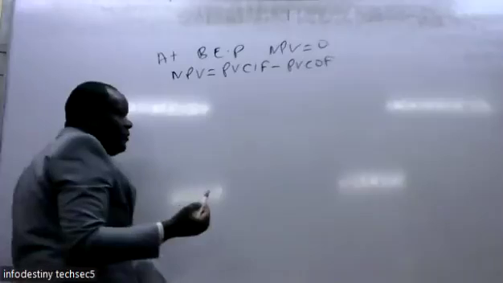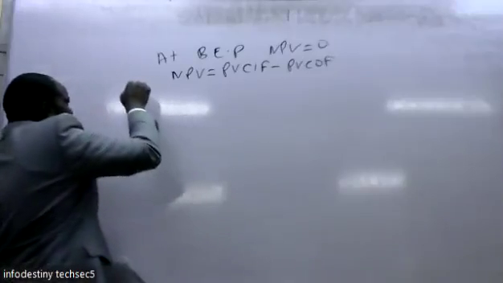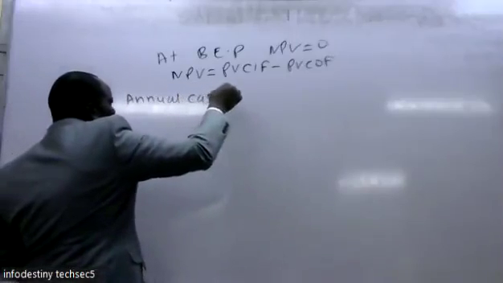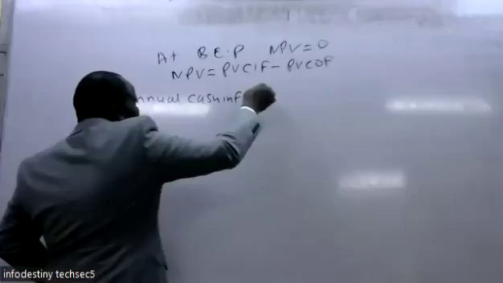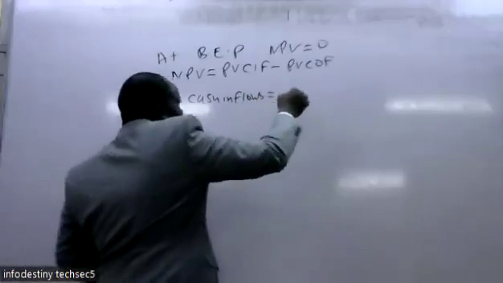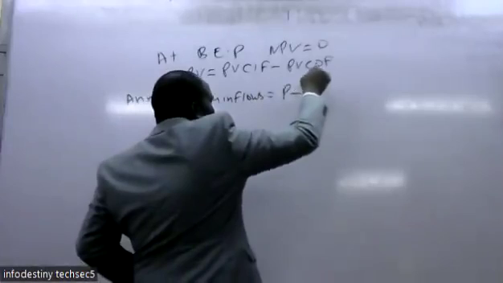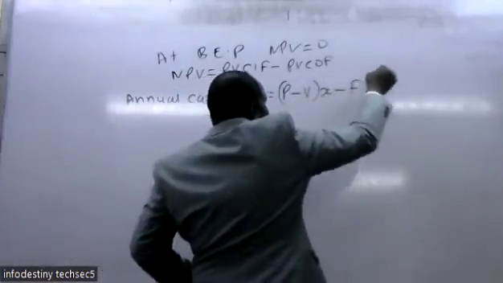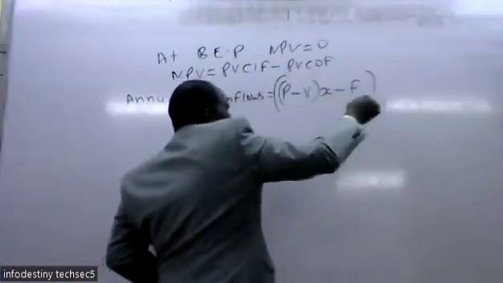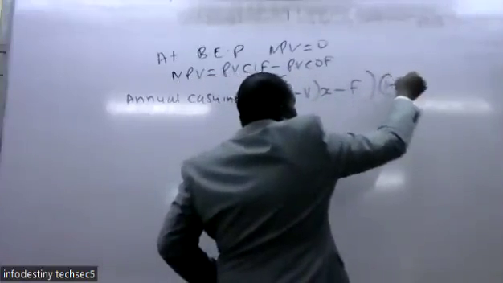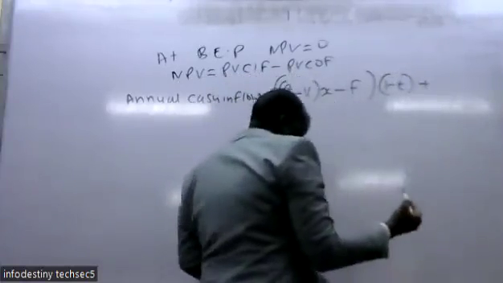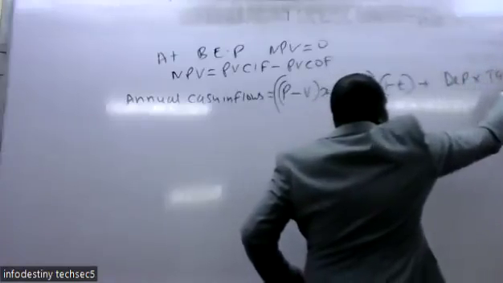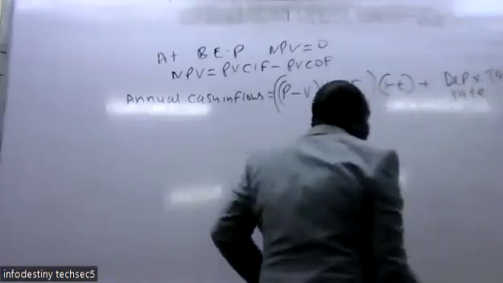Then I had shown you a formula on how to get the annual cash inflows. Annual cash inflows is (P minus V) times X minus F, then you multiply by 1 minus the tax rate, then you add depreciation multiplied by the tax rate.